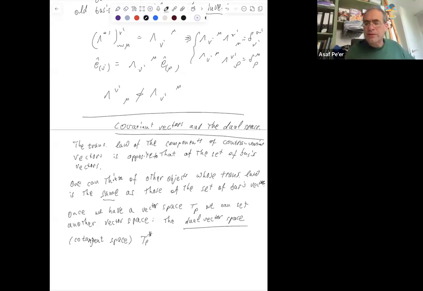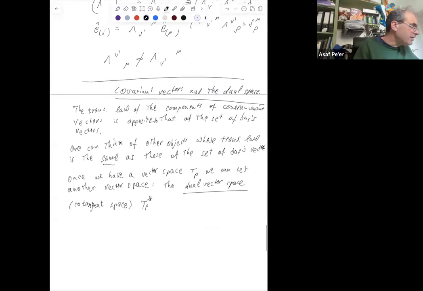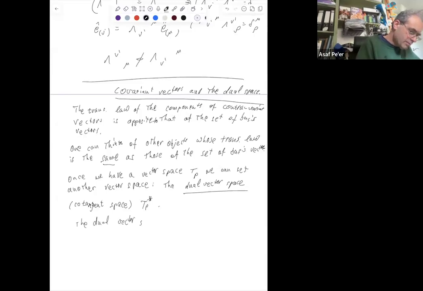I'm going to use a more precise definition. It's really a linear map. So the dual vector space consists of linear maps from TP to real numbers.